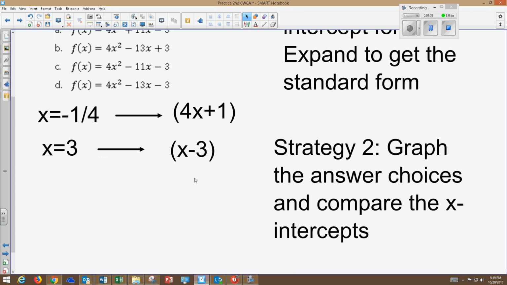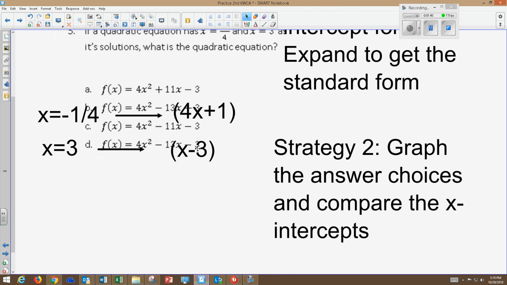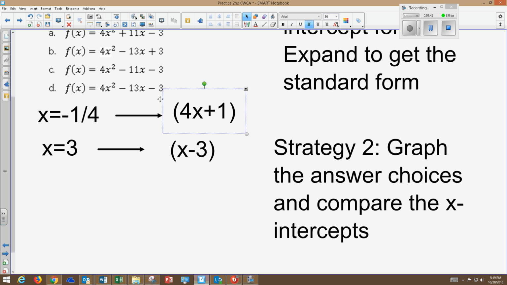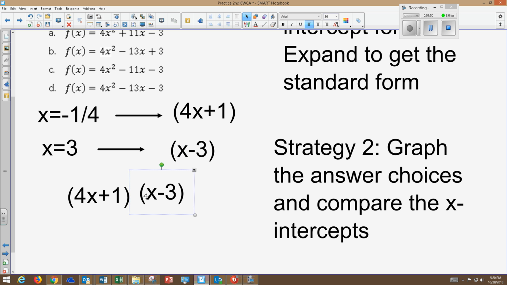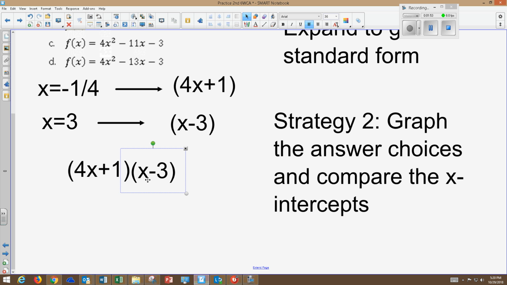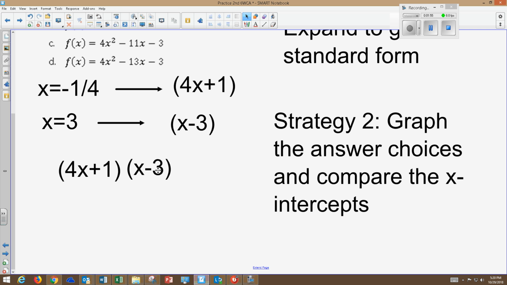All right, so that tells me that my equation is this times this. So multiply these, and I can do this with the box method, and that's probably the best way.